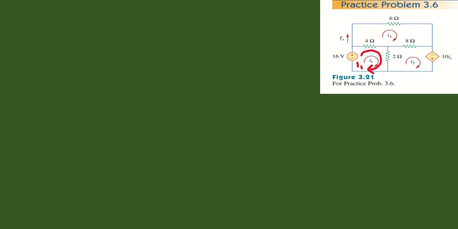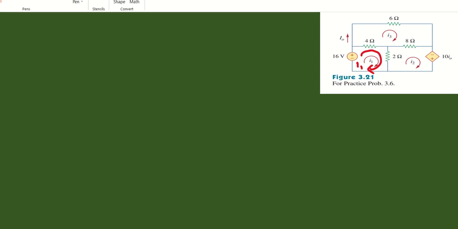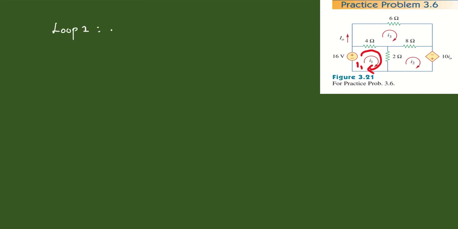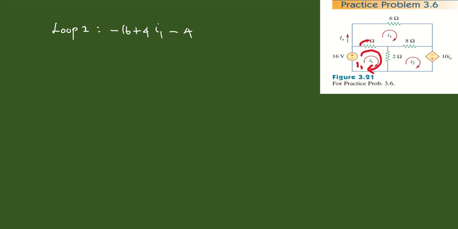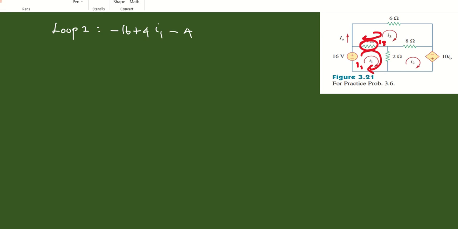So if you take this, we can write it as minus 16 plus 4I1 minus 4I3, because through this 4 ohm resistance we know that this I3 current is also flowing.